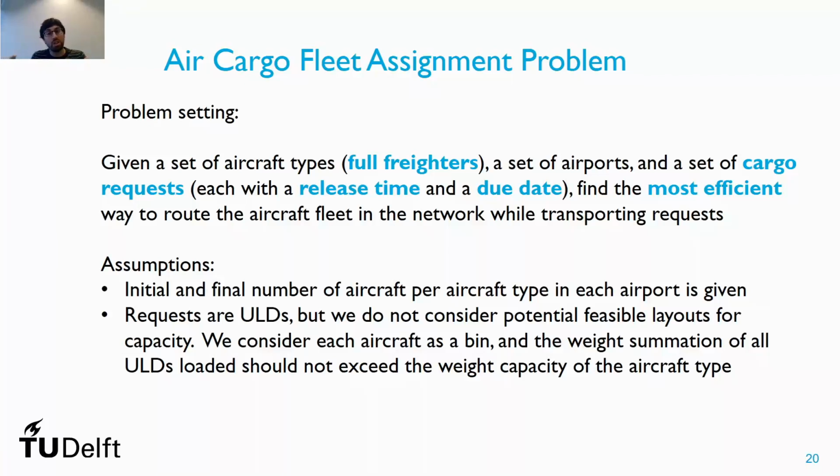We just consider each aircraft as a single bin with a certain weight capacity, and we consider that a certain number of ULDs can be allocated to that aircraft as long as their cumulative summation in terms of weight is less than the weight capacity of the aircraft we are considering.